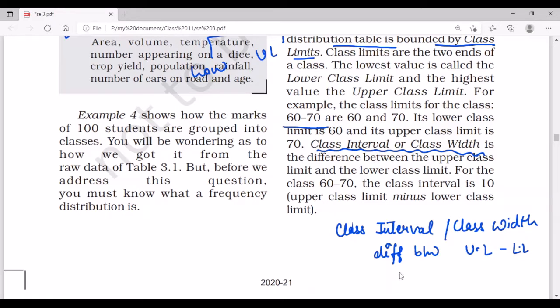So in the example, you have to subtract: upper limit is 70 minus 60, that is 10. So this is the class interval.